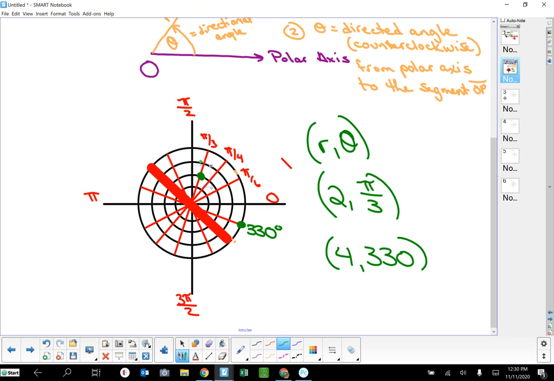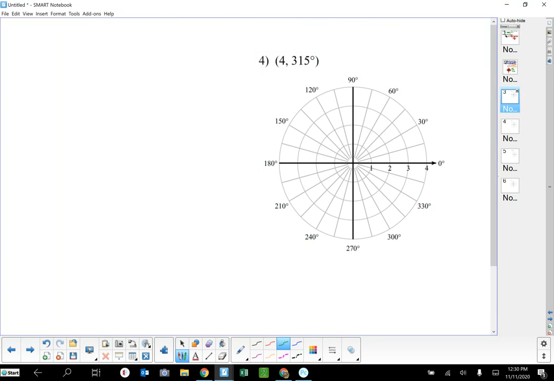I've got some practice for you. We want to go to 315, which is between 300 and 330, and then go to 4. So here's 315, and then we go to 4. That would be that point.